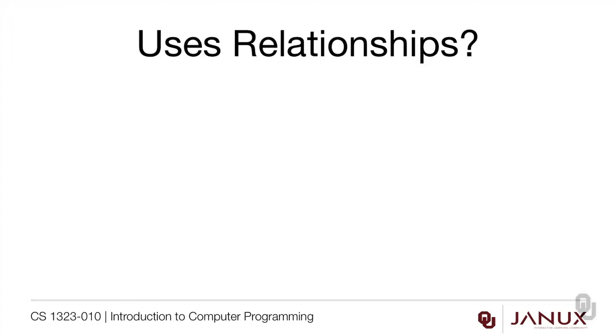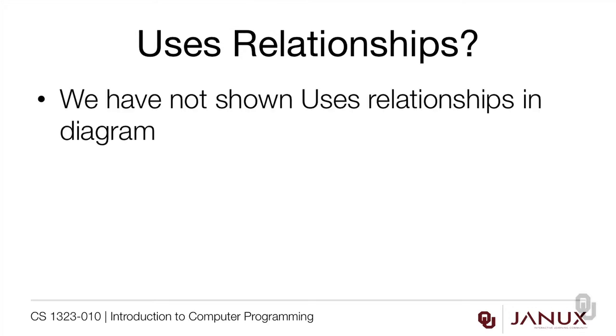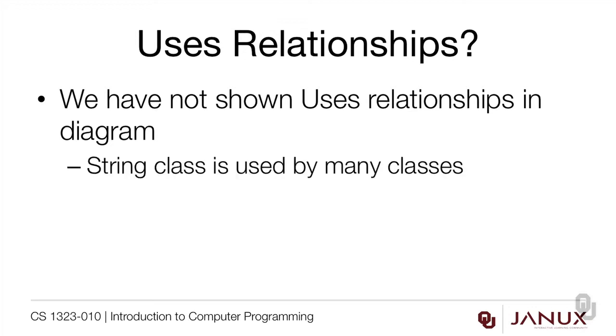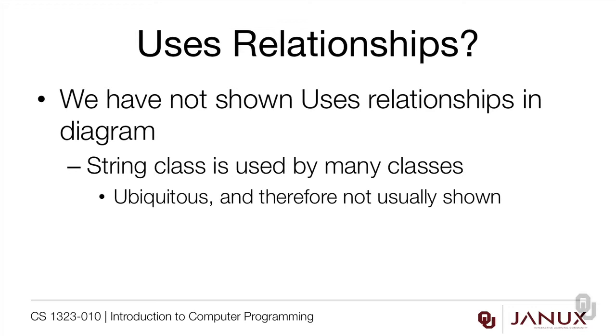Now, you may be wondering, why haven't I seen any uses relationships? Well, one thing we haven't done is show the uses relationships in the diagram. For example, the String class is used by many classes, in fact, virtually all of them, particularly because there are toString methods available. Because it is so ubiquitous, we usually don't show it. In other words, everybody knows that virtually every class uses the String object. To put in the String class and to put an arrow from every single class to the String class makes it appear like the String class is the center of the universe in this program.